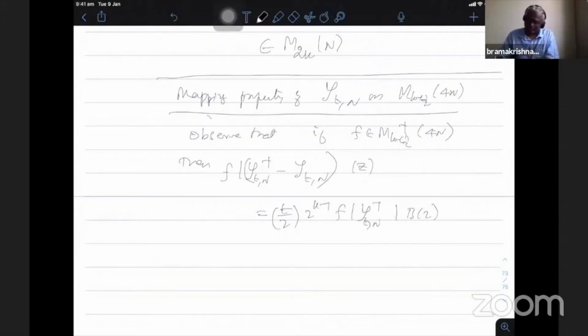Okay, so a very nice identity one can get. So from that one can show that if f is in the plus space, if I apply the Shimura map, the image is S_{t,n}(f)(z) equals S_{t,n}^+(f) minus (t/2)^{k-1} S_{t,n}^+(f) composed with B(2).